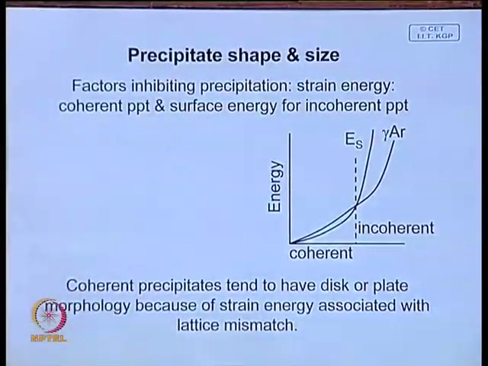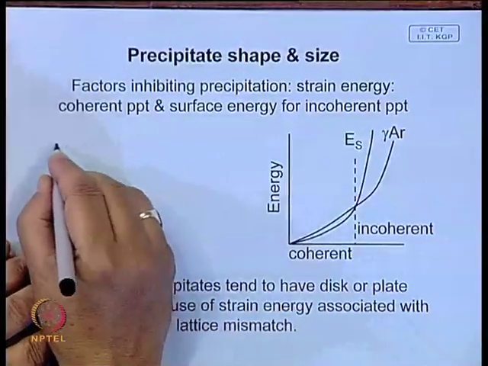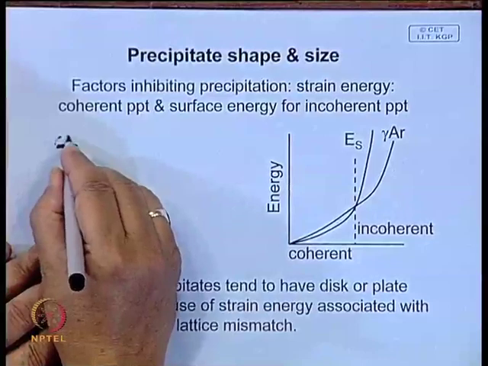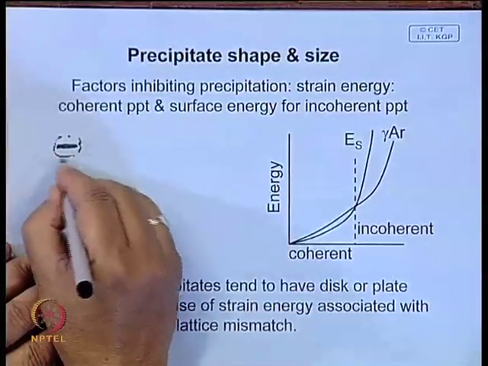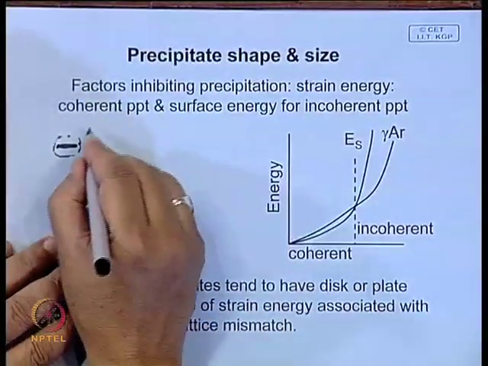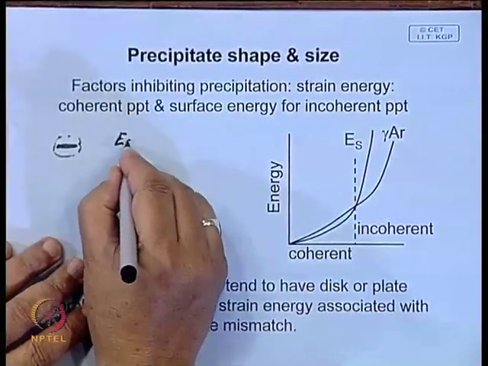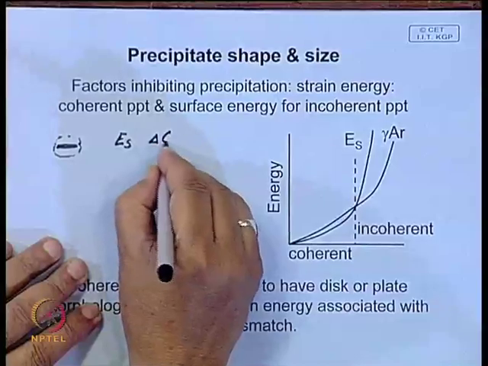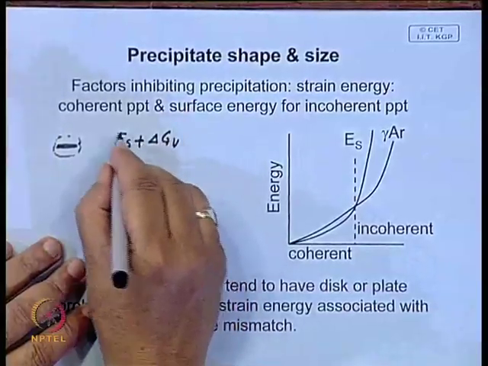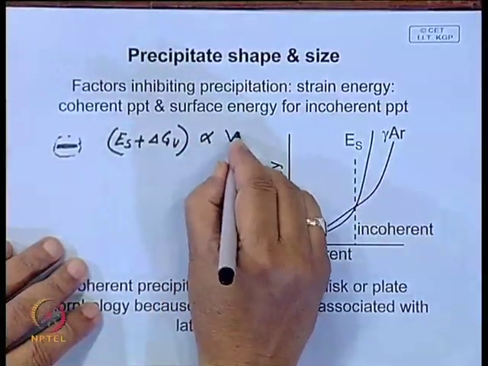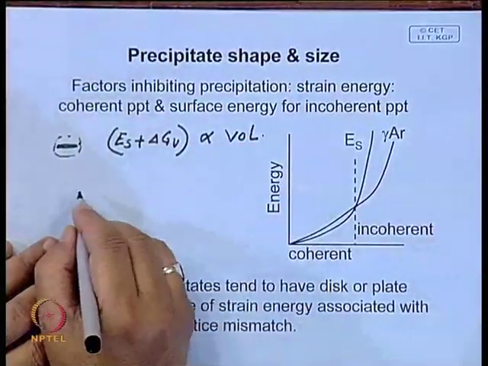Now, a point: whenever a precipitate forms, even if it is coherent, there will be a strain field associated with it around that. So, there will be a strain energy apart from the volume free energy, and this will be proportional to the volume of the precipitate.